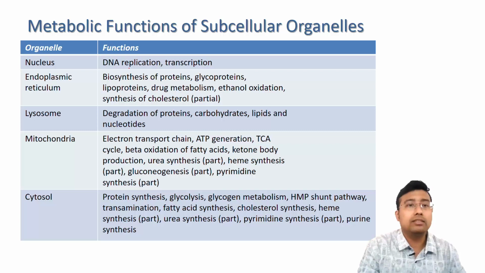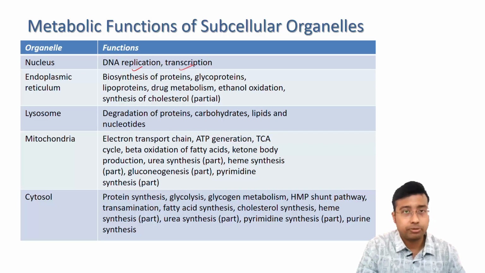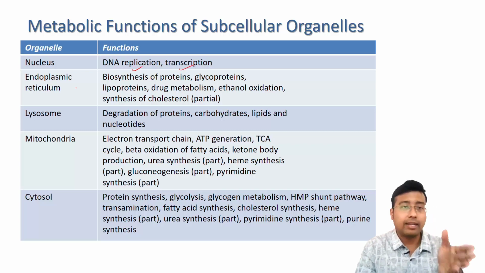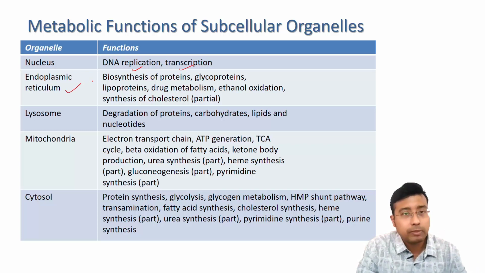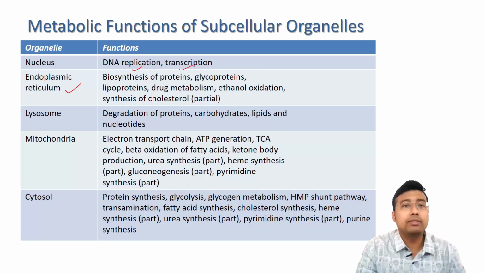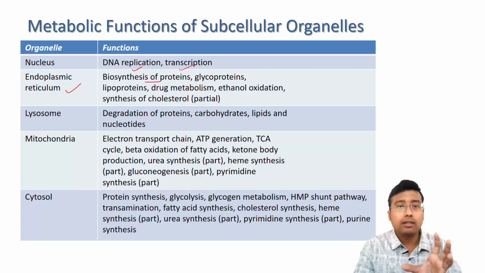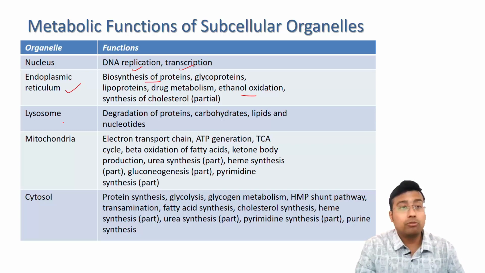So, nucleus, DNA replication and transcription, right? The list, you can take a screenshot, or you can watch this video again, or you can make your own notes. Endoplasmic reticulum, most of us know, it helps in protein synthesis and ethanol oxidation. You can write any two of these, right? Lysosomes, very important, garbage disposal. So they degrade protein, carbohydrate, and so on. They help in degradation. They help in waste disposal. So any two of the four metabolites, you can remember.